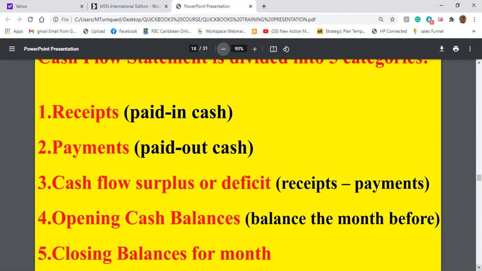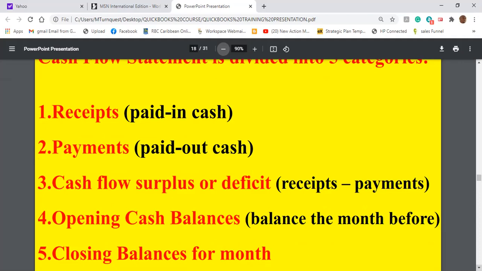It comes when your receipts minus payments. If receipts are more than your payments, you have a cash flow surplus. If your payments are more than your receipts, you have a deficit. And of course, you have to add in the opening and closing balances of the cash.